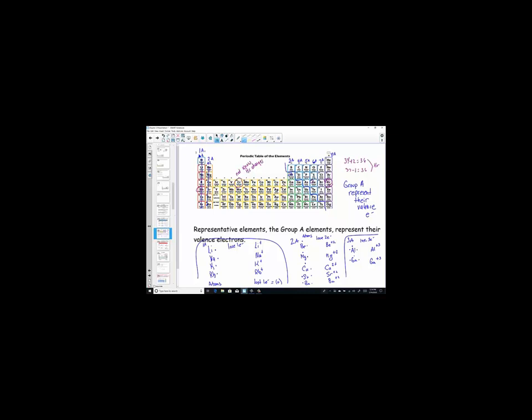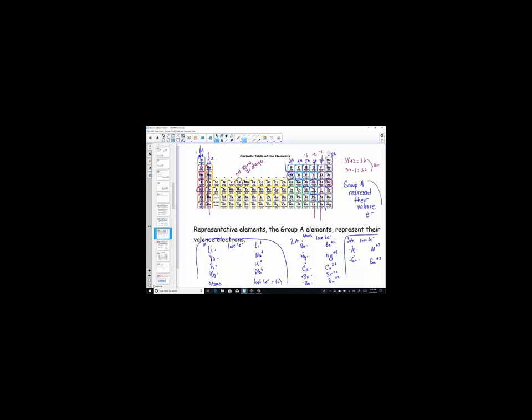The only ones I know with certainty: column 1, those are +1s. Column 2, those are +2s. I know aluminum is a +3. I know fluorides are all -1. The oxide family are all -2. The nitrides are all -3s. Those I know based on the location.